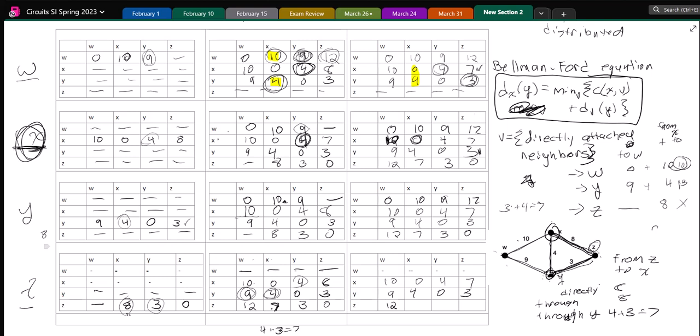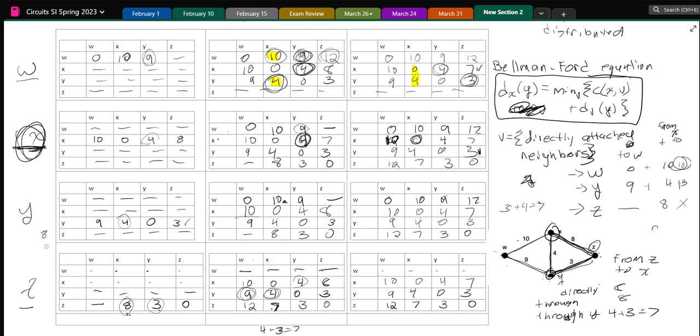Okay, from z to x, it's currently costing 7. What if we went through y? Well, it costs 4 to go from y to x. How much does it cost us to get to y? It costs 3, so the total would be 7, which is what we already have. We're not going to get less than 3 or 0, and I think at this point, none of the distance vectors changed.